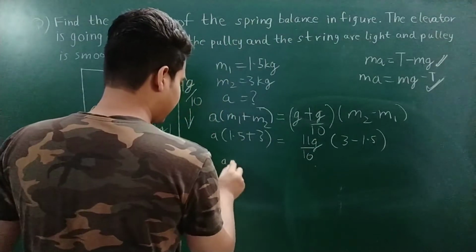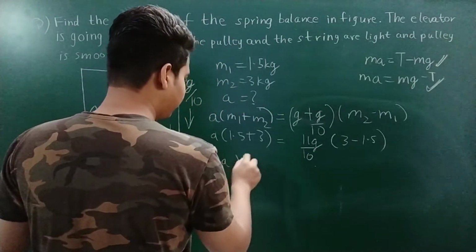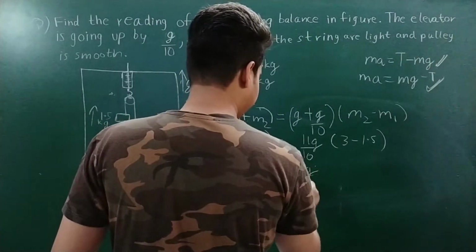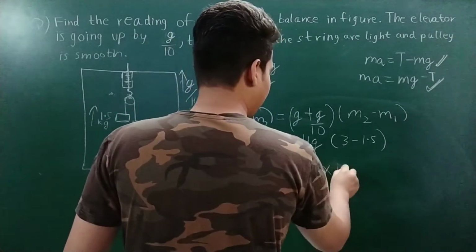The whole part becomes A into 4.5 equals 11G by 10 into 1.5.